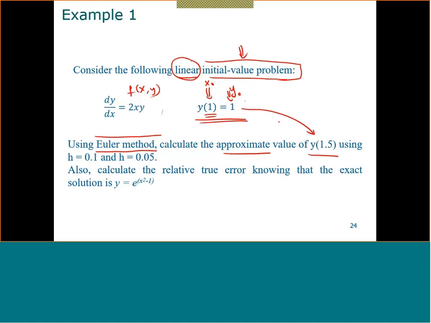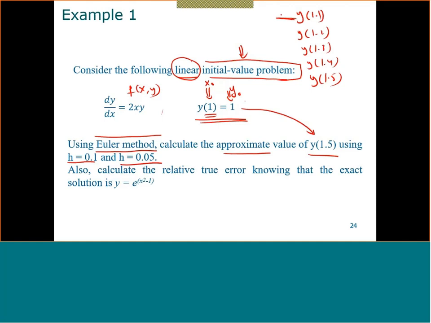Now the question is, what is the step size? The step size is given to us as 0.1 and 0.05. We want to see the impact of this: what is the impact if I reduce the step size from 0.1 to 0.05? To go from y at 1 to y at 1.5, if I use the 0.1 step, first I have to find y at 1.1, then y at 1.2, y at 1.3, y at 1.4, until I reach y at 1.5. So I have to go through all of this.